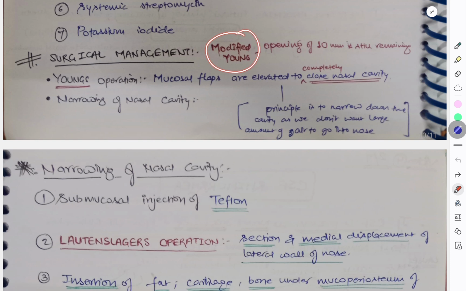So they came with modified Young's, where an opening of 10 mm is still left in the nasal mucosa. The principle is to narrow down the cavity, as we don't want a large amount of air to go into the nose and cause crusting. So we just need to narrow down the nasal cavity.